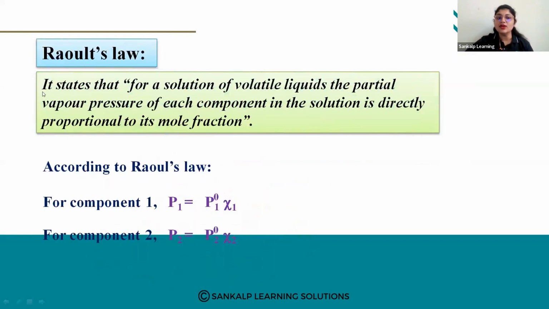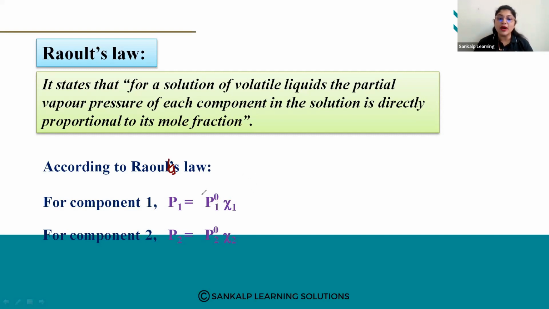So next is another law called Raoult's law. What does Raoult's law state? Raoult's law states that for a solution of volatile liquids, the partial vapor pressure of each component in the solution is directly proportional to its mole fraction. So according to Raoult's law, P1 is equal to P1 naught into psi 1.